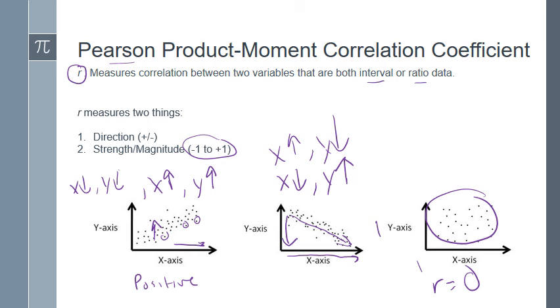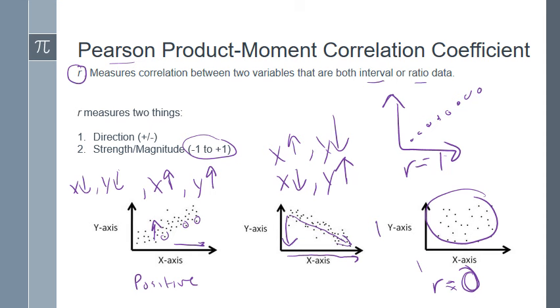You don't really see any kind of trend, right? So R would be 0 here because there's no correlation. In a perfect correlation where R is 1, you would literally have a straight line. There, R would be 1 because basically it's a 1-to-1 correspondence between x and y, okay?